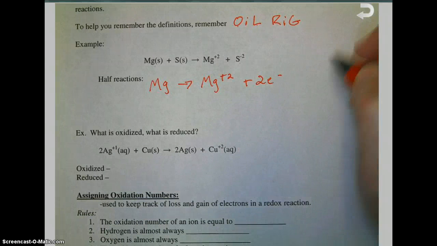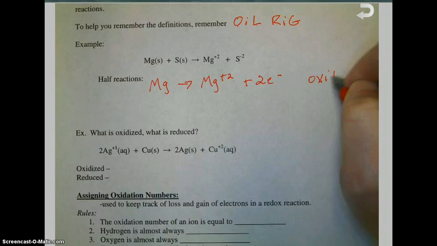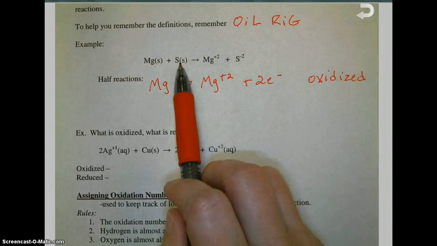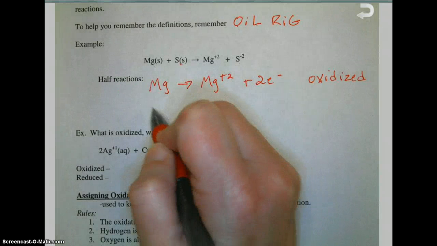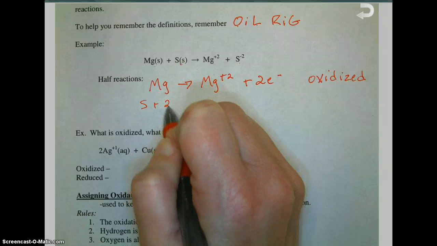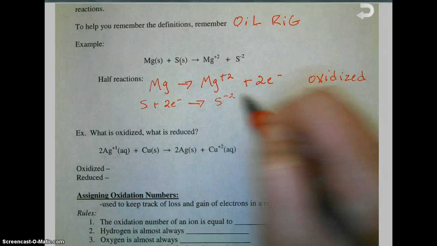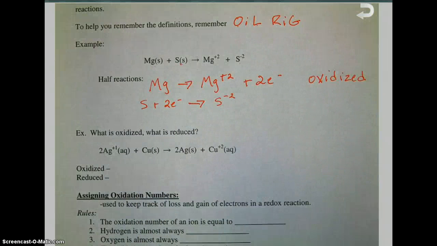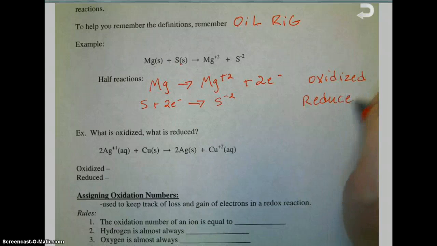All right, so we would say that the magnesium was oxidized. Now the sulfur started as a whole atom and it turned into a -2 charge. That means the sulfur had to have gained 2 electrons to become the anion with a -2 charge. This means that sulfur was reduced.